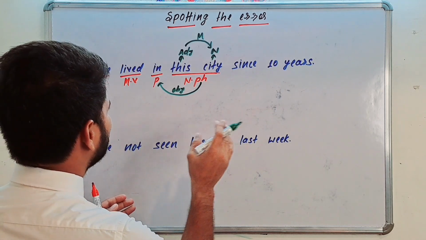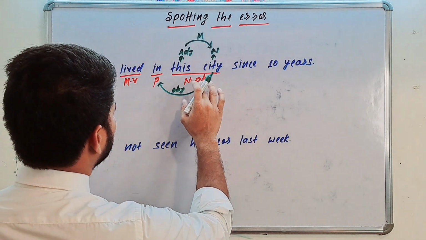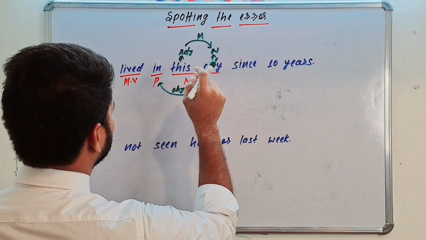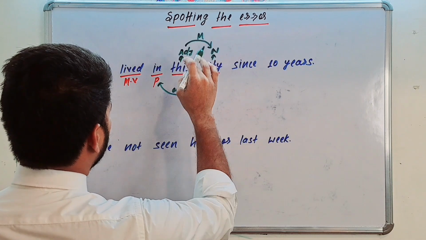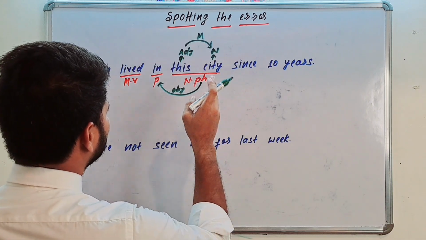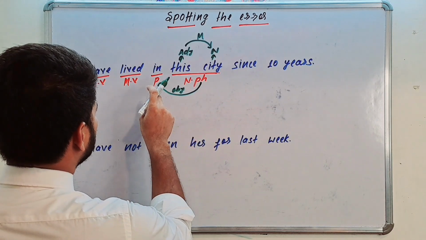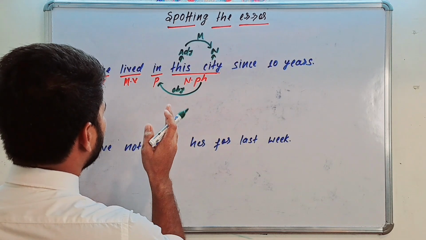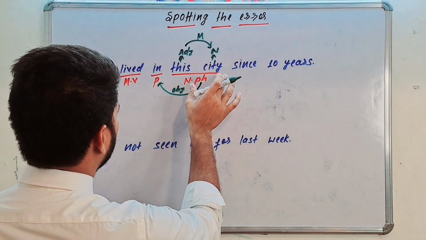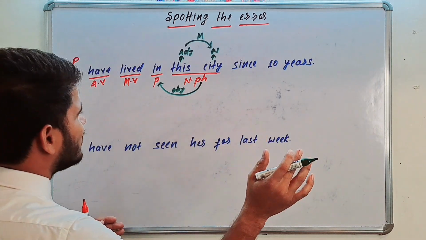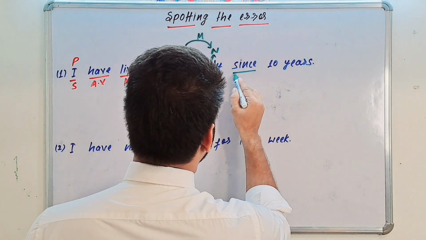I have lived in this city. This noun phrase is an object of the preposition because the preposition is followed by a noun phrase.